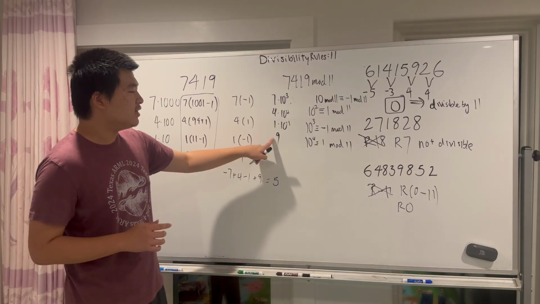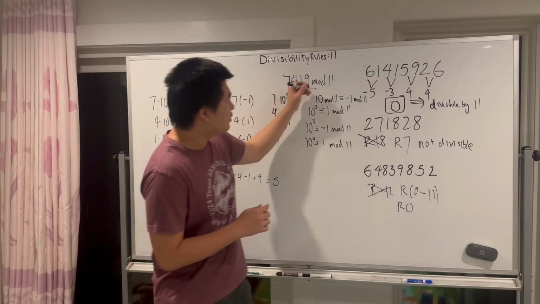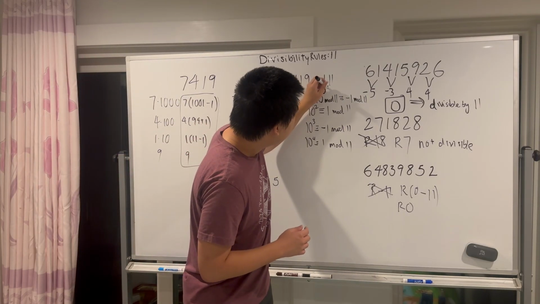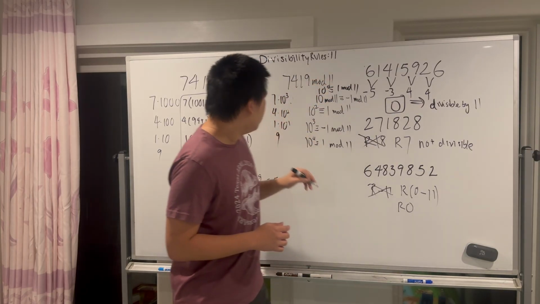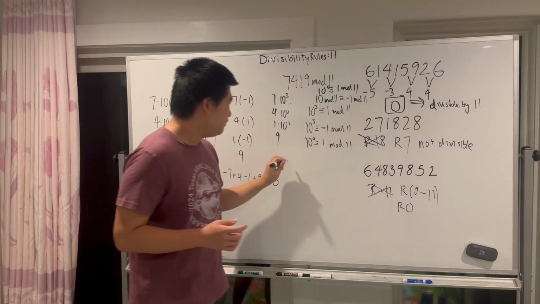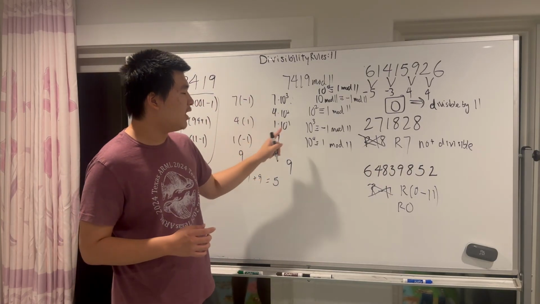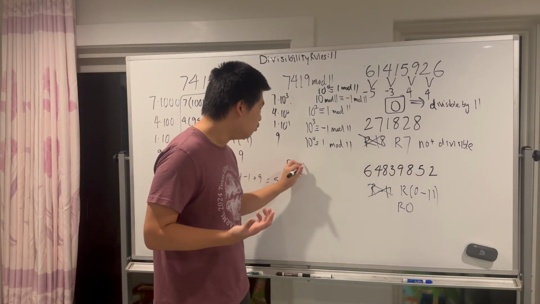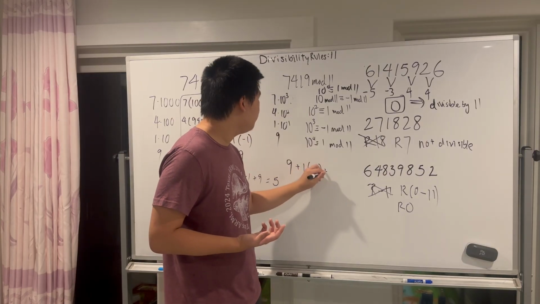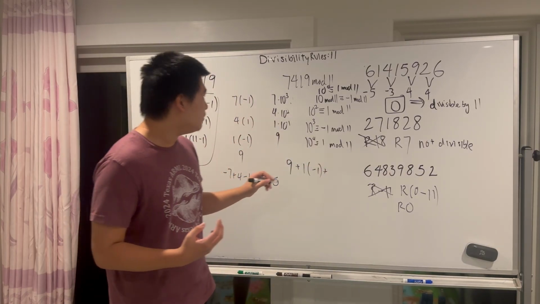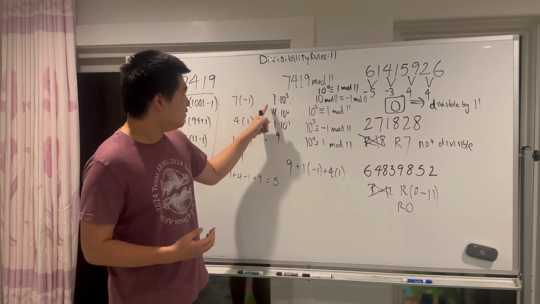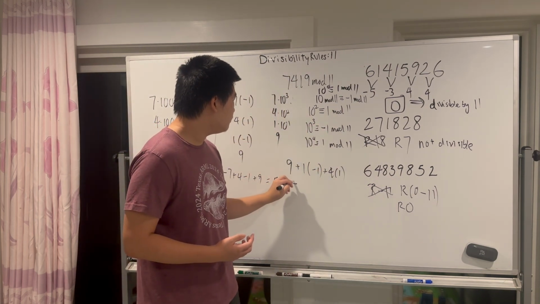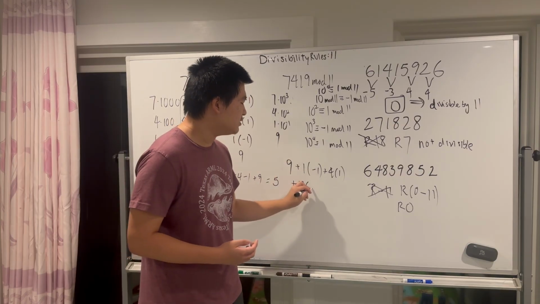You can see here that this 9, here it's 10 to the power of 0, is congruent to 1 mod 11. And so this is just 9. But 1 times 10 becomes actually 1 times -1. 4 times 10 squared becomes 4 times 1. 7 times 10 cubed becomes 7 times -1.